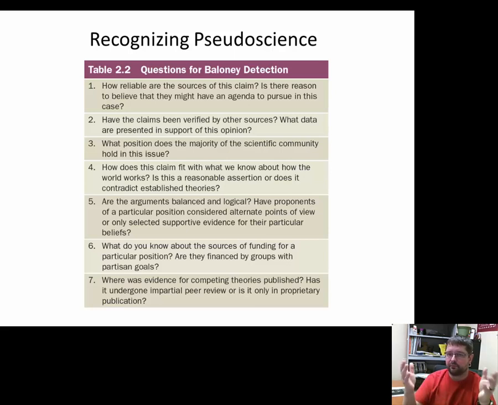You can pull up how to recognize pseudoscience. If you Google that, they're going to give you a bunch of ways. But there are lots of ways at which you can recognize pseudoscience. And I would argue some of the best ways is to just look at the source. Who's publishing this information? Is it a website or is it a scientific journal?